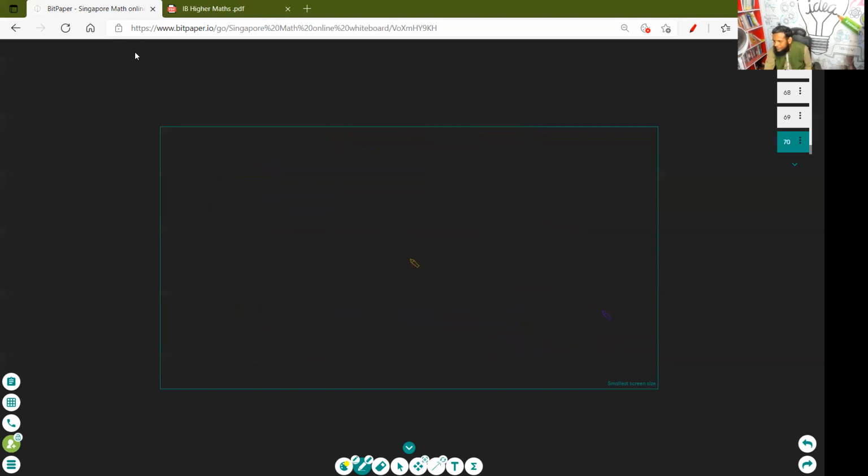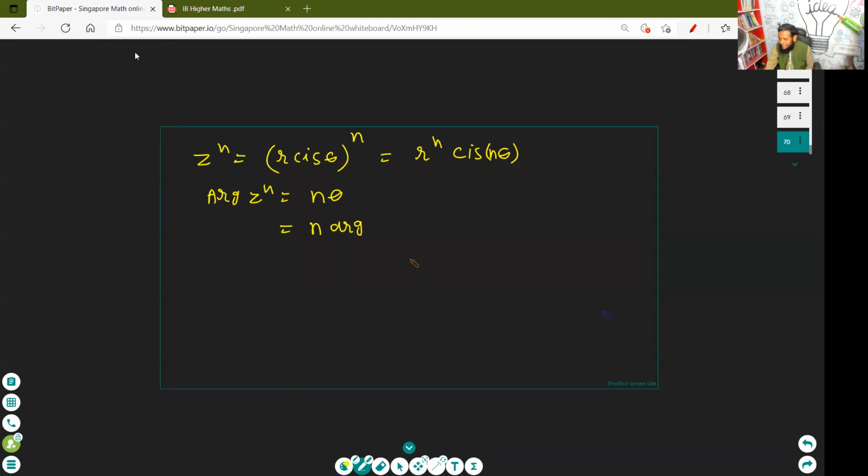In De Moivre's theorem, Z to the n is equal to r cis theta, all raised to n, so there will be r to the n cis n theta. So argument of Z to the n is equal to n theta, where theta is the argument of Z. Clear?